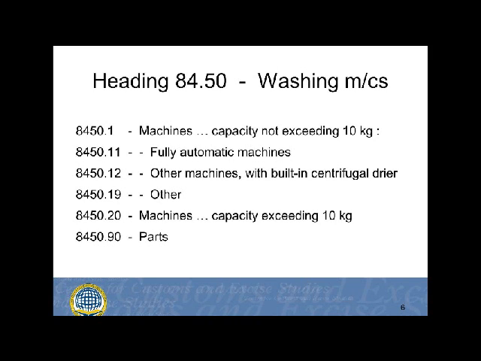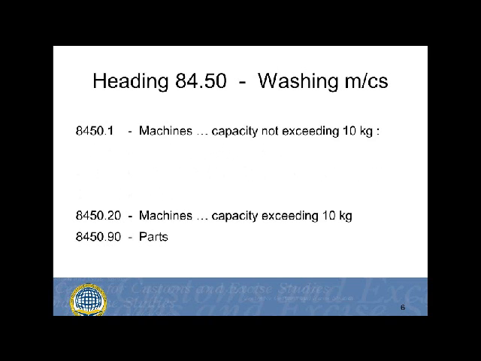One is a six-figure subheading, the other is a five-figure subheading. All we have to do in the first instance is to compare the five-figure subheadings. They are subheadings 8451, 845020, and 845090. When you have done that, it is easy to see that the answer is subheading 845020.